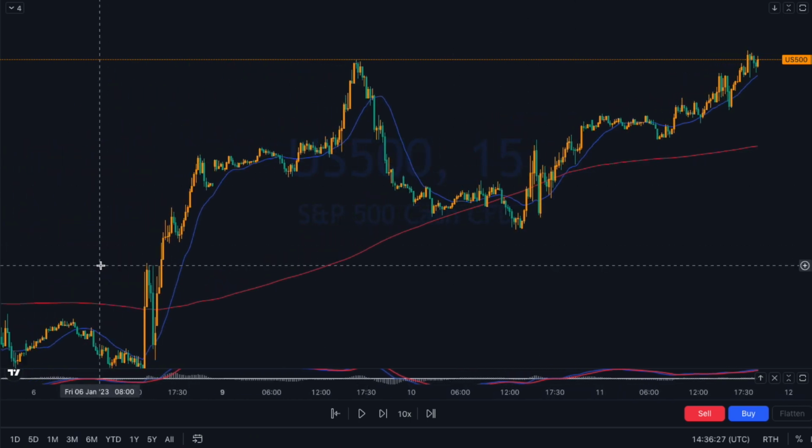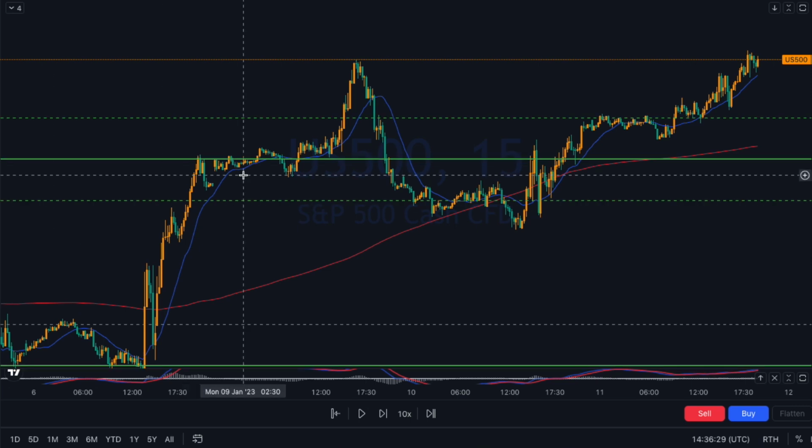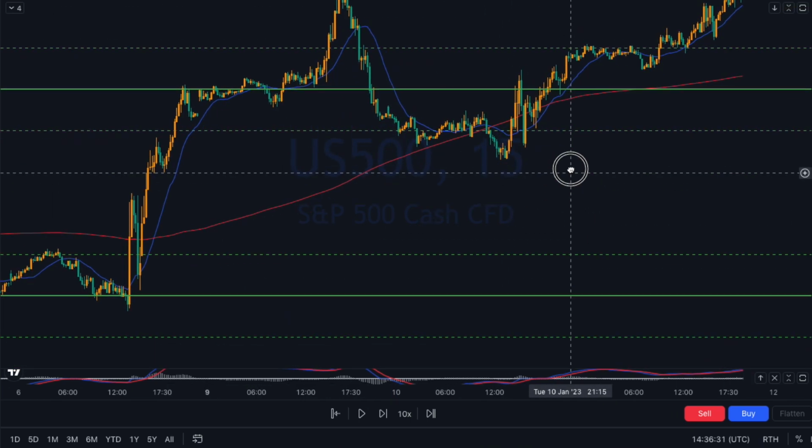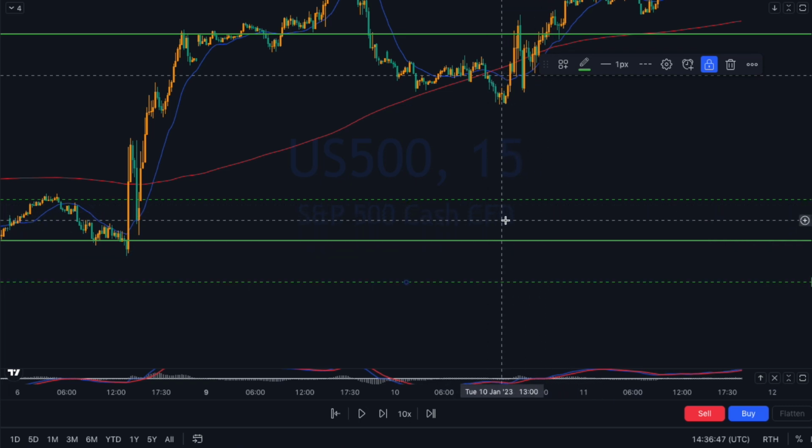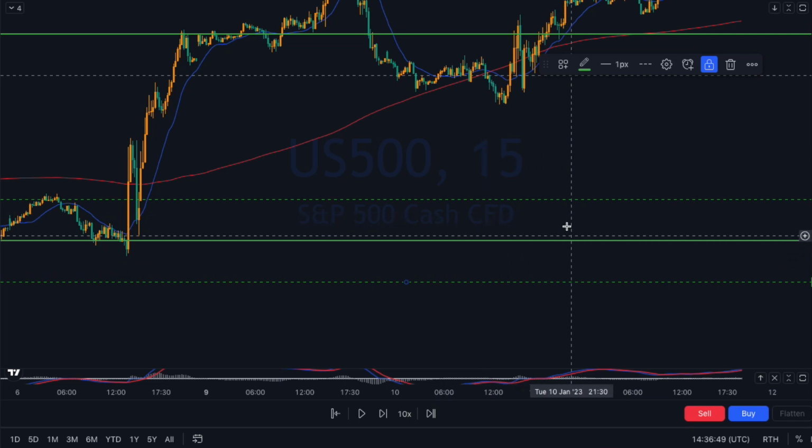So with all of that done, I'm going to bring on my resistance and support levels, and there they are, right? And also something else I need to add in regards to the resistance and support level. So this thick line in the middle right here, okay, is the actual resistance and support level. These levels here and this level over here are the zone that I'm trading, okay? So if it's in this zone, I want to be taking trades in this zone. Why?